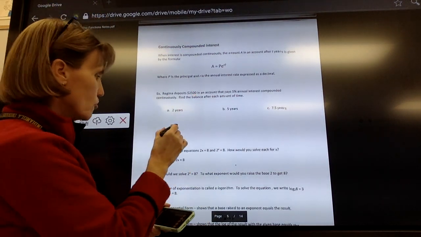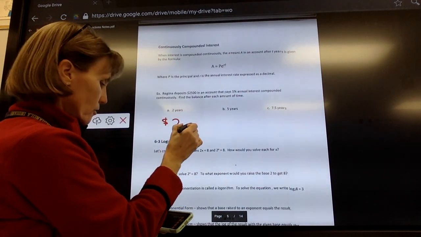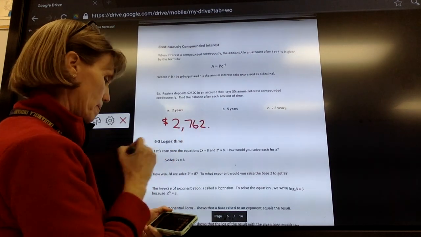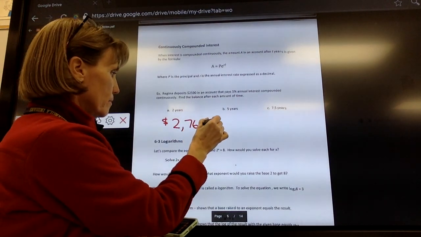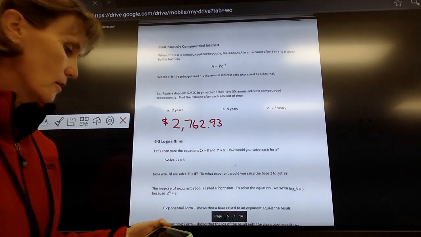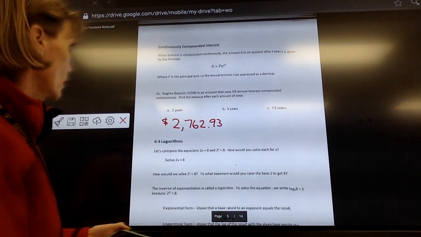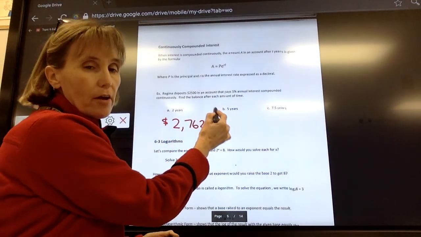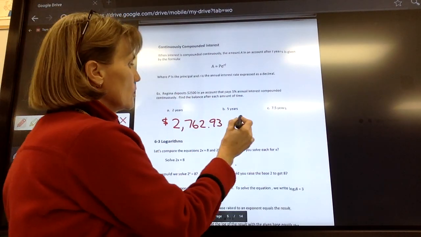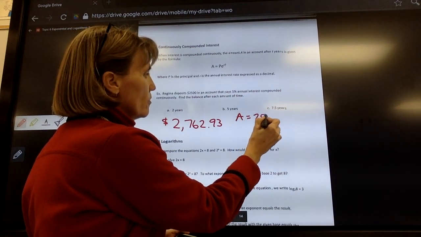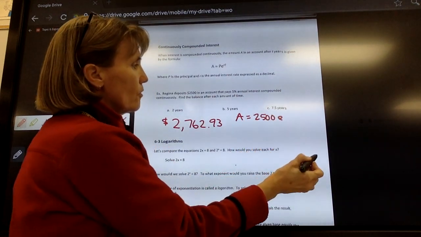That value after 2 years is going to be $2,762.93. Now if I want to evaluate the same thing at 5 years, I'm still using the same principal amount. So A is going to be 2,500 still. e is still there.